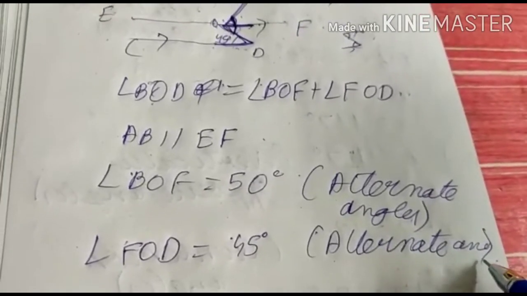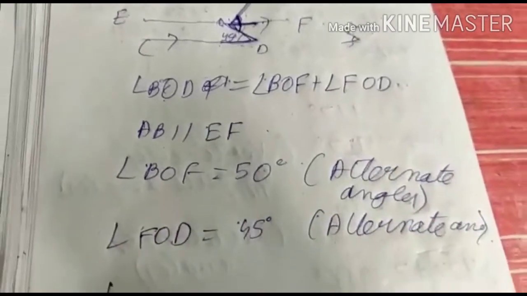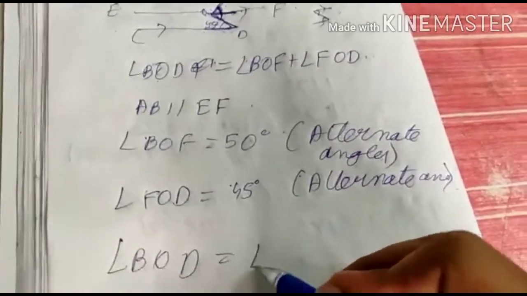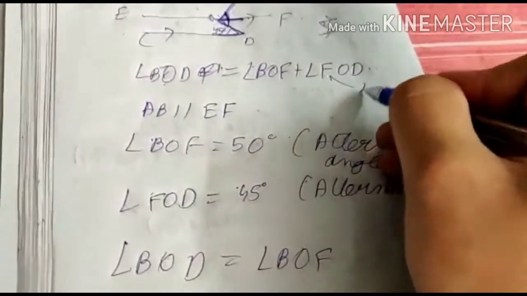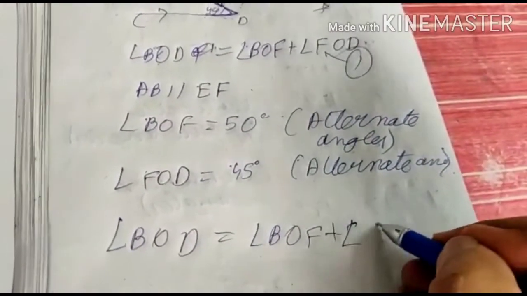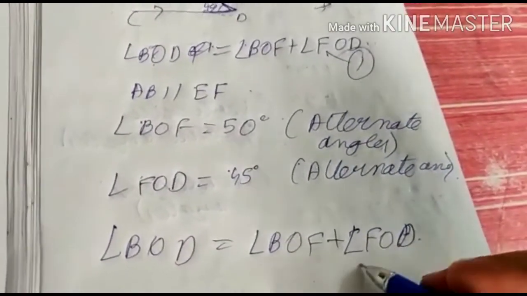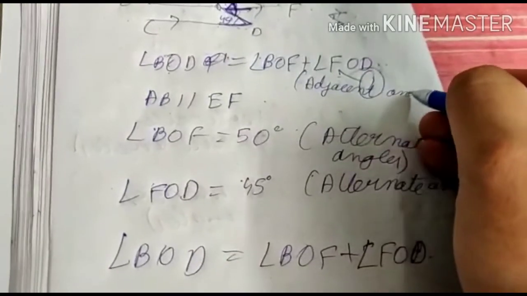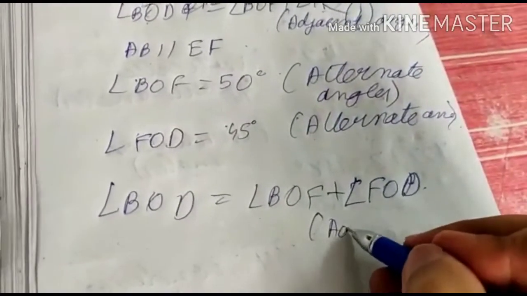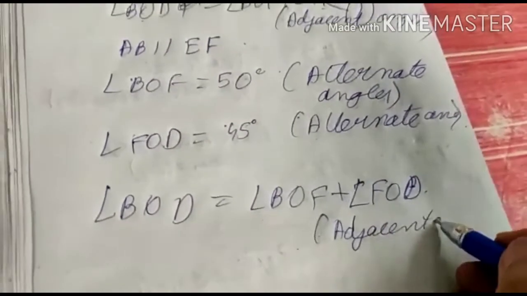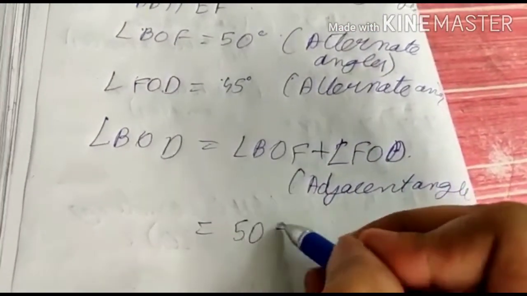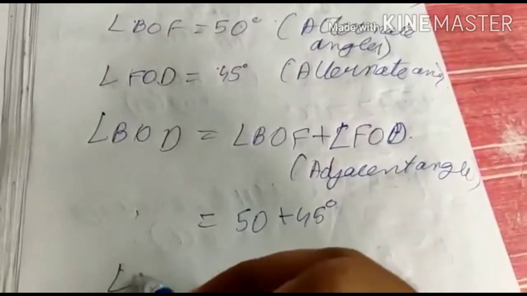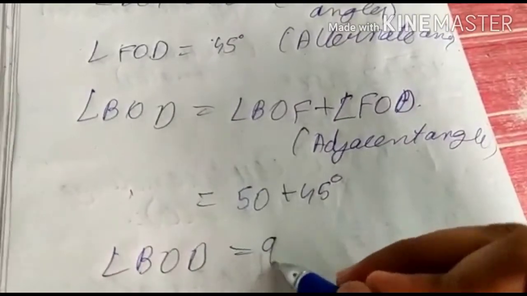So angle BOD equals angle BOF plus angle FOD, as they are adjacent angles and this complete angle has been cut into two adjacent angles. So angle BOF is 50 degrees plus 45 degrees. So angle BOD equals 95 degrees.